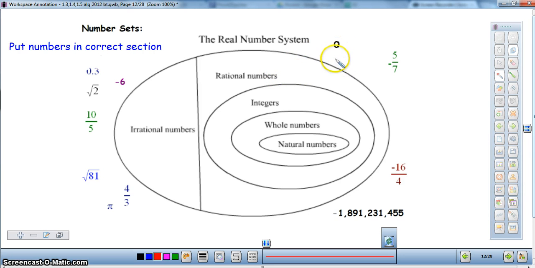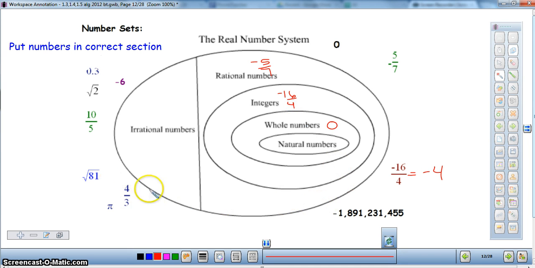If we're talking about the number 0, 0 is a whole number. Negative 5/7, well, it's a fraction. Negative 5/7 is going to be rational. Negative 16 over 4, well, what does that really equal? It equals negative 4. Well, negative 4 is an integer, so we put negative 16 over 4 as our integer.